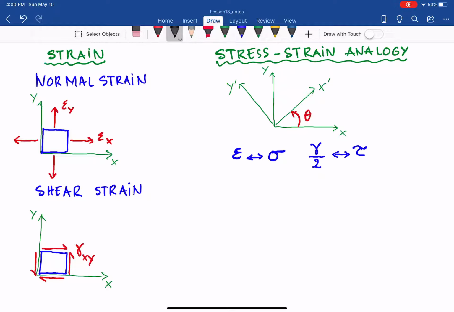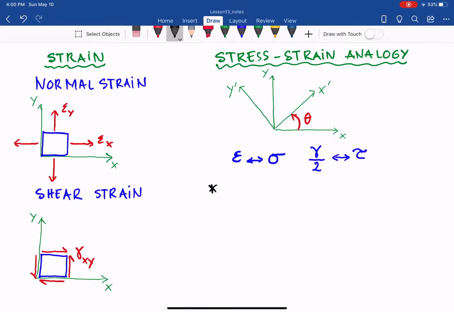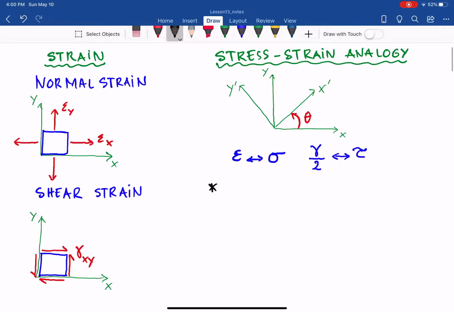So for the transformation, let's put it down here, as you can see. With that analogy, we say that the transformation of a tensor is similar to a vector, but in 3D. So we just make a general case, we call it tensor, but normally we deal with the vector, or the tensor is 3D.